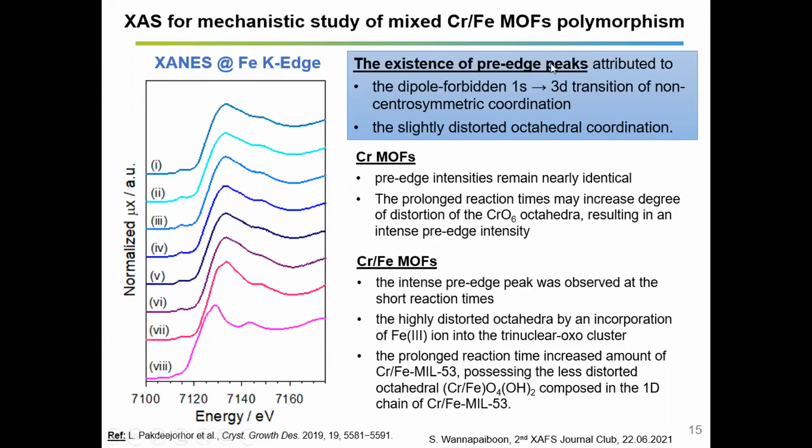The existence of the pre-edge represents the dipole-forbidden 1s to 3d transition in a non-centrosymmetric coordination. If you consider the mu3O structures, they rather have central symmetry in the case of chromium or iron only with the oxygen atoms. But the mixture of the two gives information that the symmetry of the octahedral coordination is distorted, and this is the reason why you see the presence of the pre-edge in the same regions.